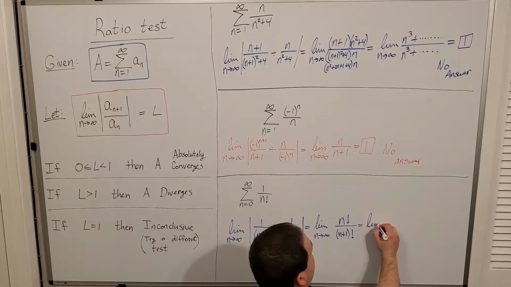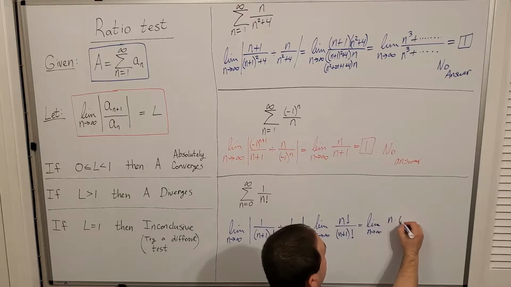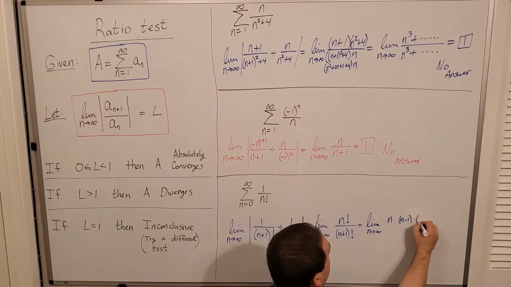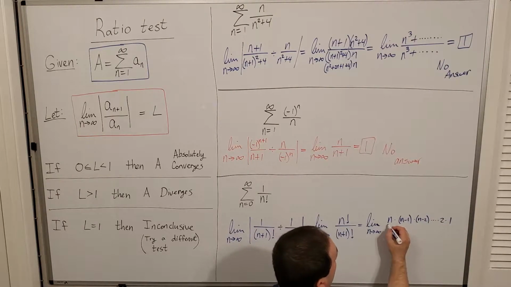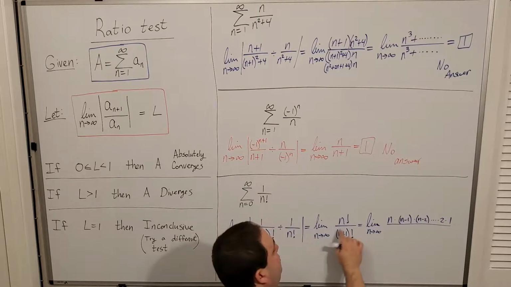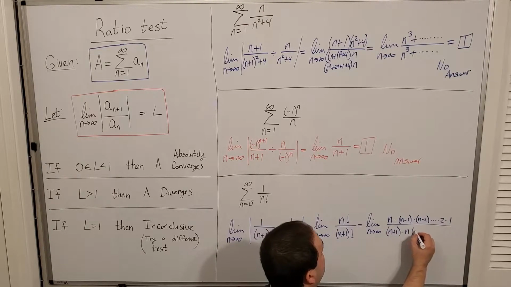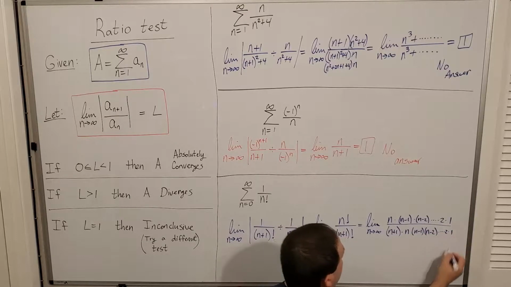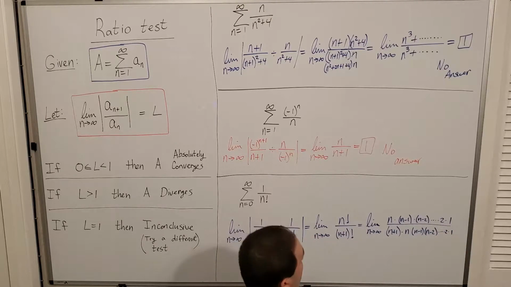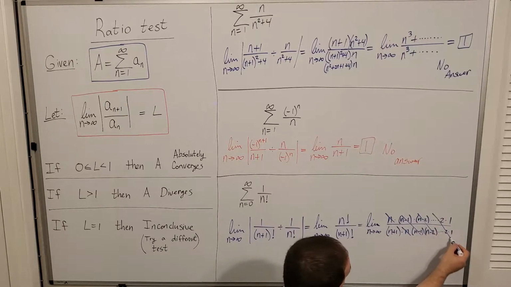So what I have is the limit as n goes to infinity of n times (n minus 1) times (n minus 2), all the way down to 2 times 1. And in this one right here, I've got (n plus 1) times n times (n minus 1) times (n minus 2) down to 2 times 1. Notice they match with the n's, they match with the n minus 1s, n minus 2s, all the way down.